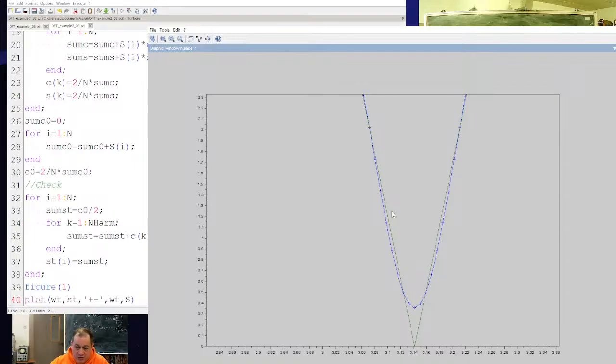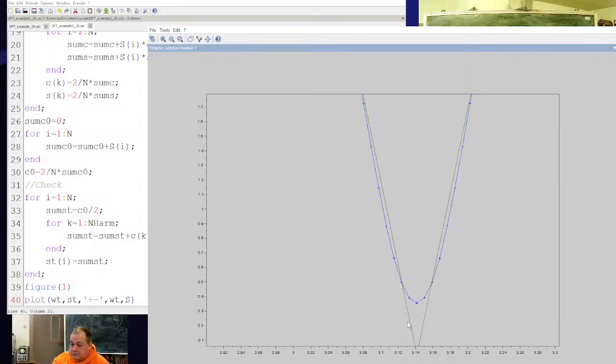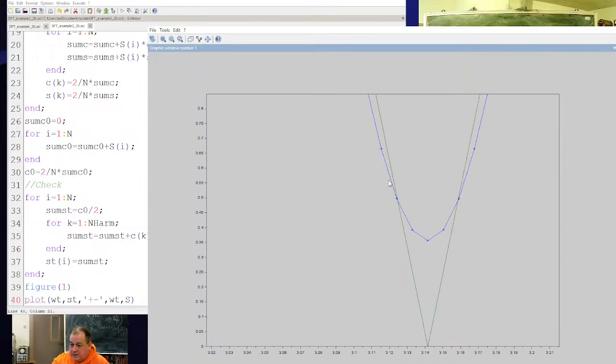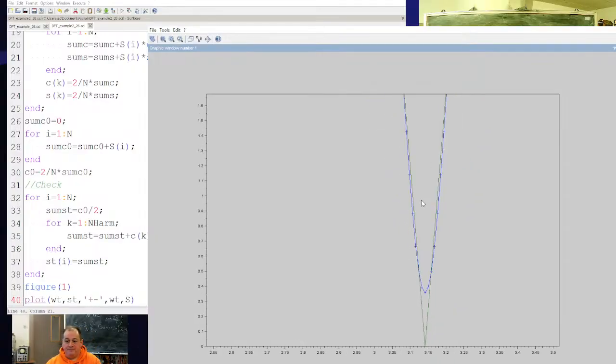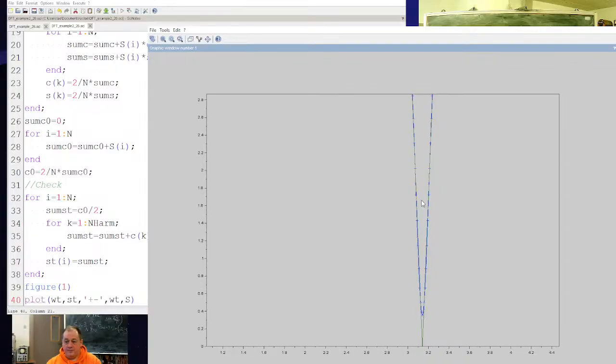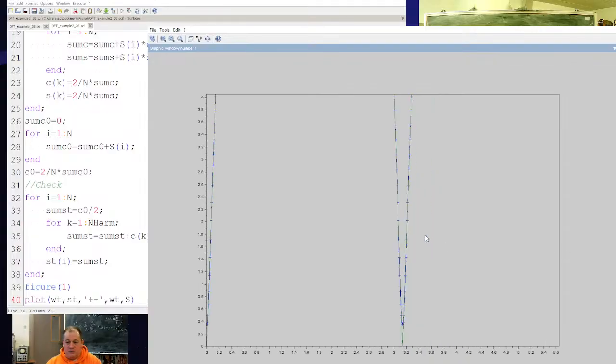So this is synthesis. The blue line is the inversion of the Fourier transform, what my Fourier series represents. The green line is the true voltage. Fine. I think I can live with this.